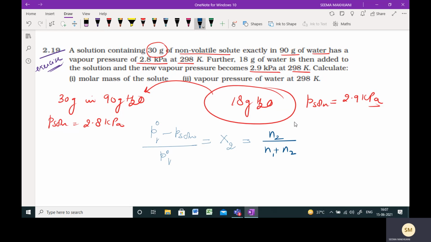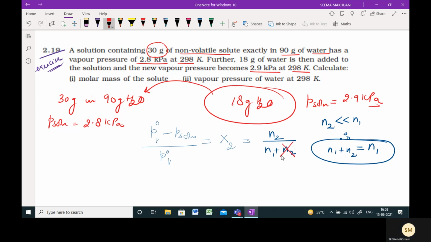Now since colligative properties are applicable for dilute solution, N2 is very less as compared to N1. Therefore, N1 plus N2 can be taken as N1 because the value of N2 is very small. So your formula therefore becomes, you can ignore this value.